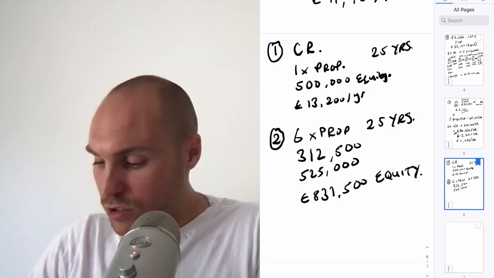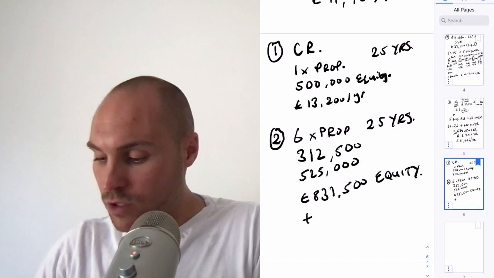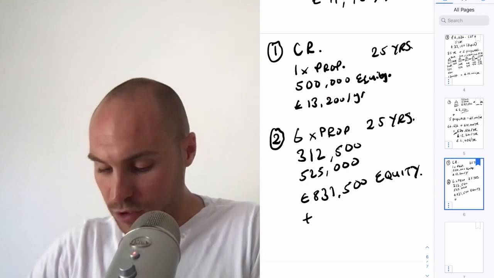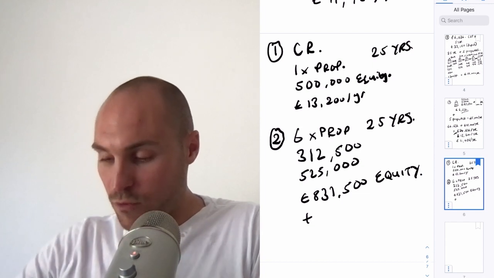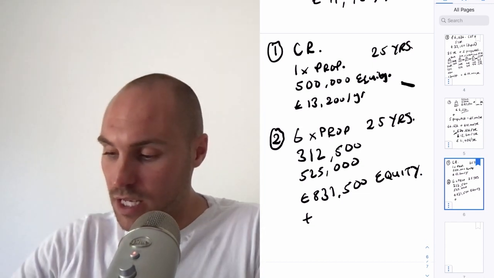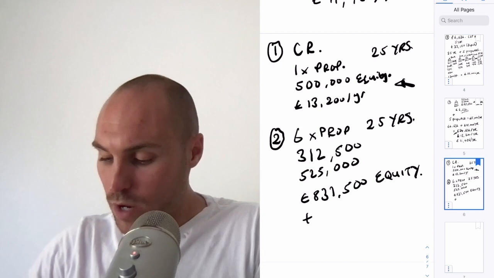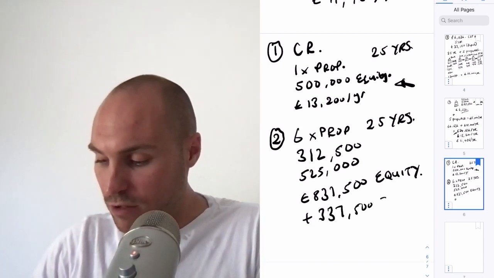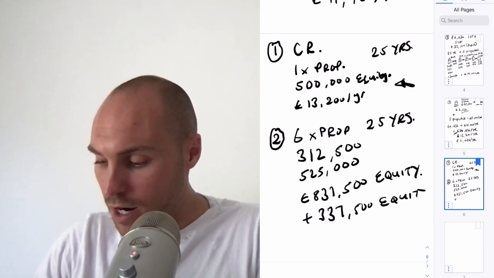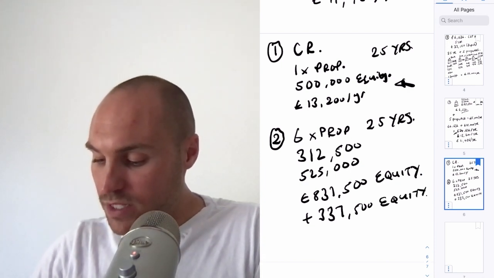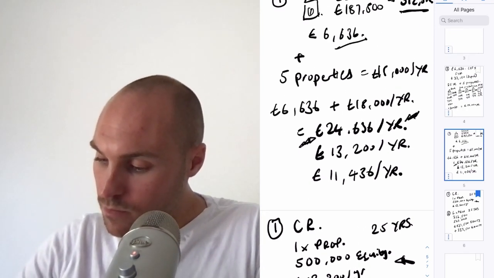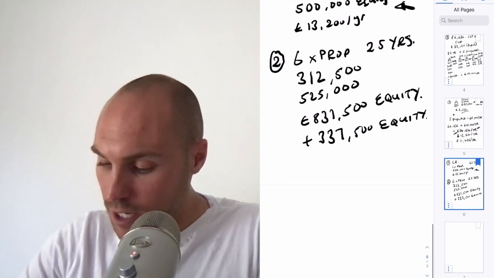So if we take the 837,500 minus the 500,000 from the first, comparing results versus buying on capital repayment, we end up with an additional £337,500 of equity. And we end up with 6 properties that pay us an annual cash flow of £24,636 a year.